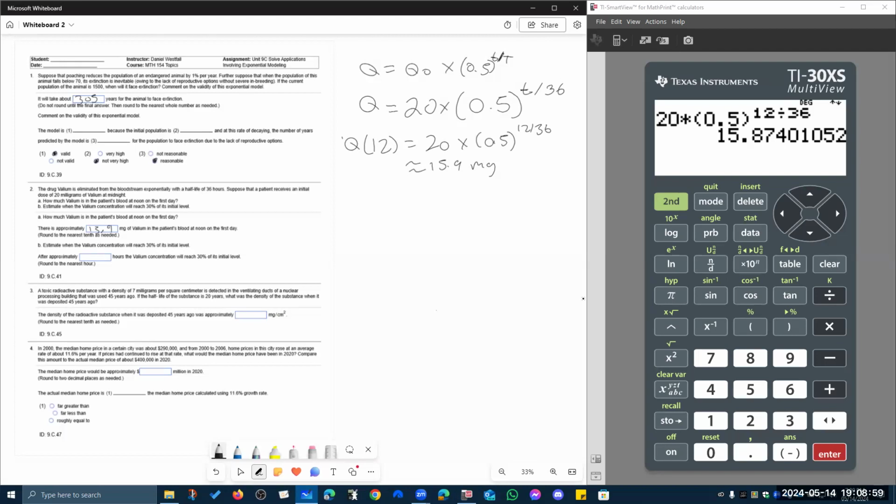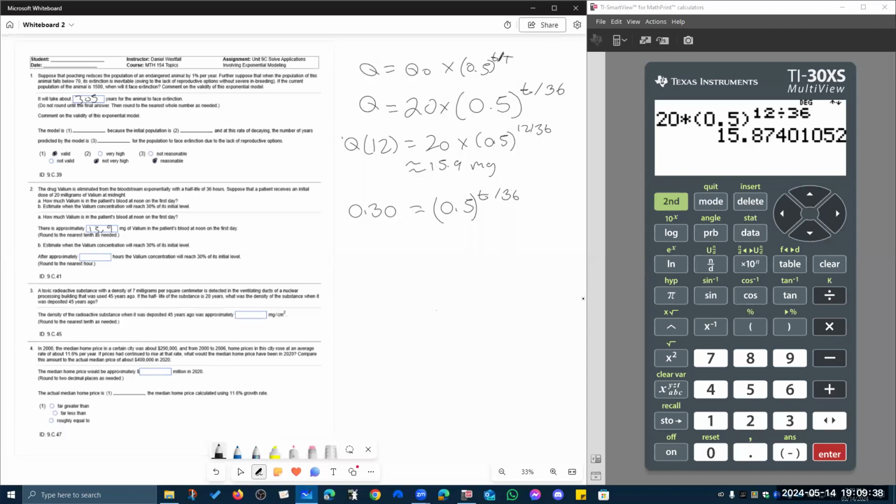And then estimate when the Valium concentration will reach 30% of its initial level. So we want that Q over Q naught here to be 30%. So 0.30, we want that to be 0.5 to the t over 36, like that.